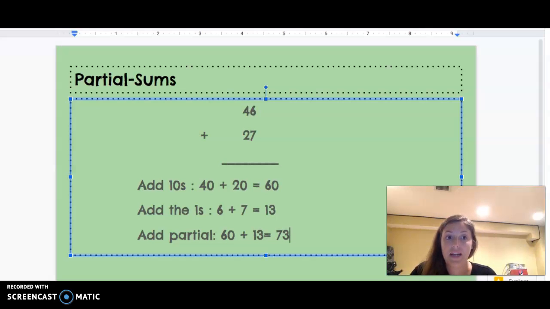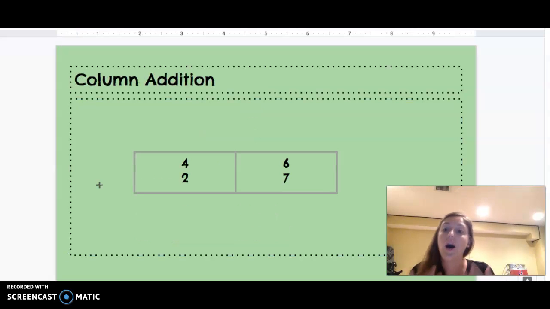Another way that we've learned how to add is through column addition. Similar to partial sums, you're still adding based on place value, so the ones column versus the tens column, but it's in columns instead of just written out in partial sums.